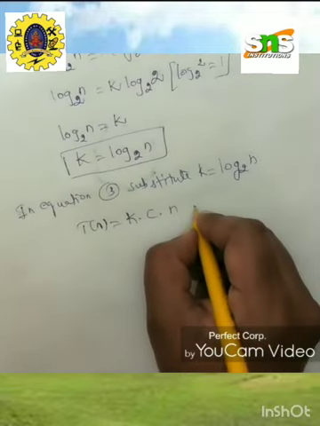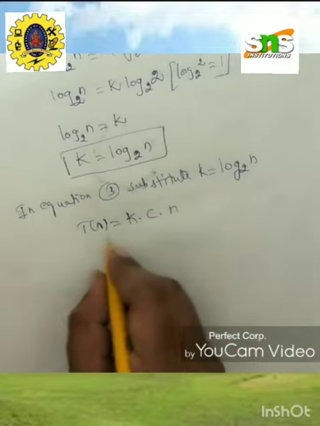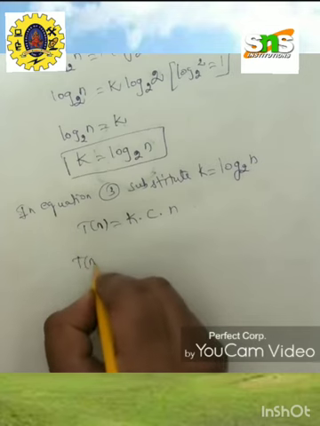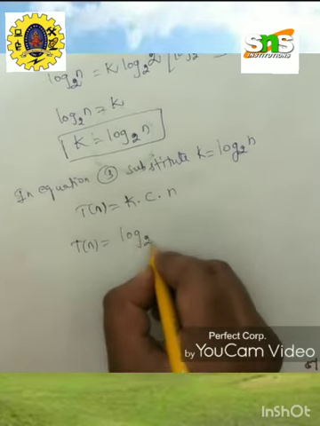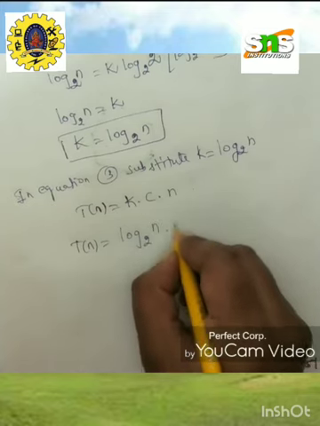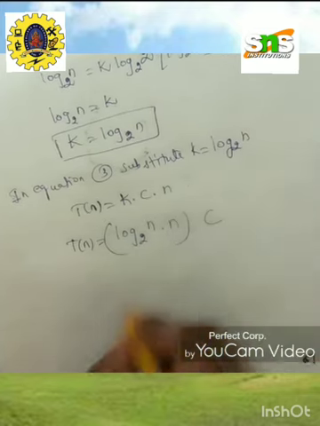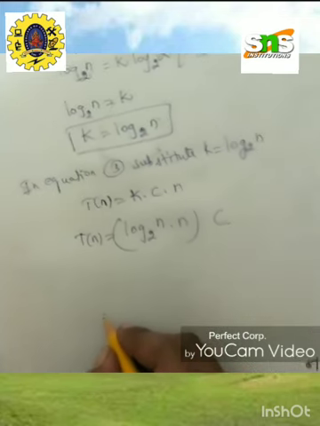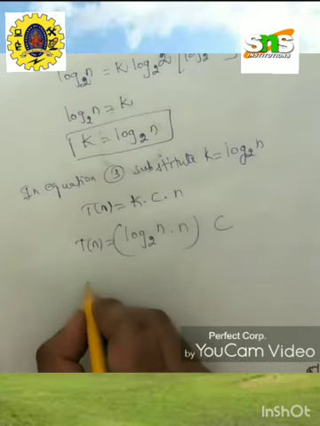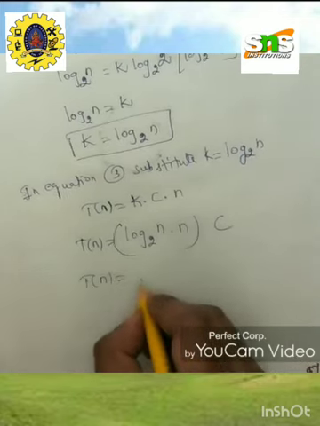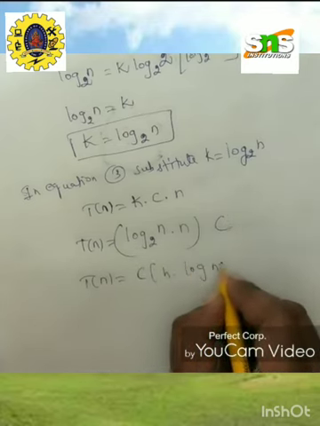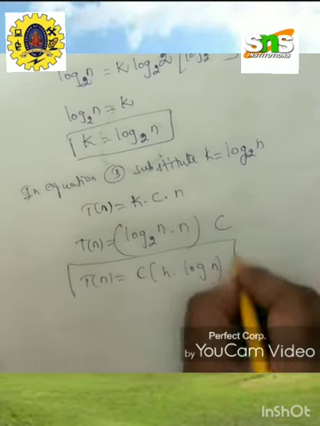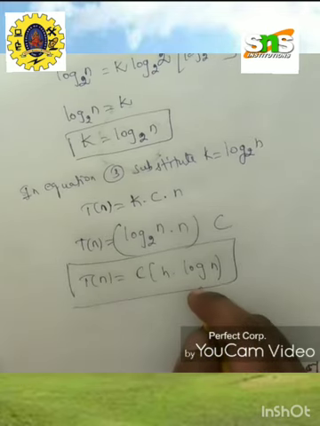Here you substitute the k value. What is the k value? Log n to the base 2, dot n, then c. C is a constant, no need to consider c for time complexity. So T of n equal to c into n dot log n. So this is the time complexity for merge sort.